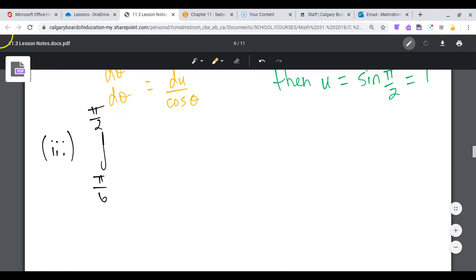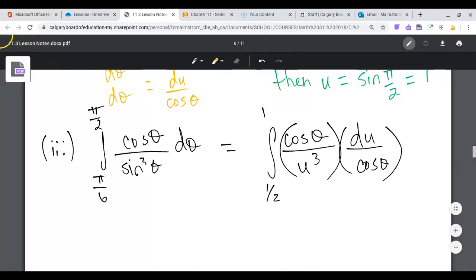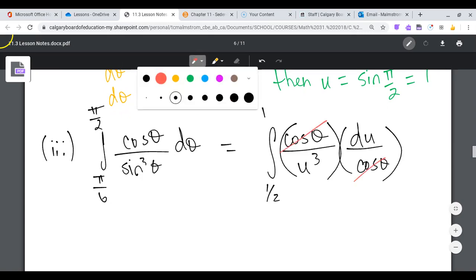I'm just going to rewrite the original function, cos theta on sine cubed theta in terms of theta, is going to be evaluated now from the lower boundary 1/2 to the upper boundary of 1, cos theta on, sine is my u, so u cubed, and then my d theta is being replaced with du on cos theta, and then my cos thetas will cancel, and I'm left to integrate in terms of u.